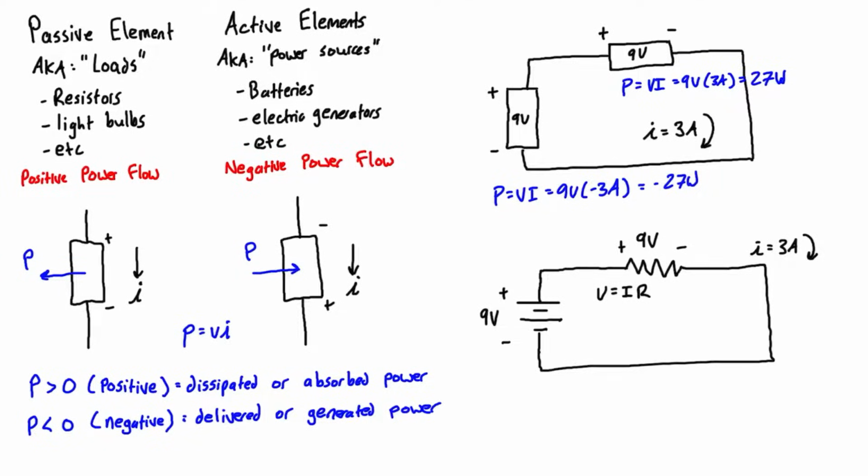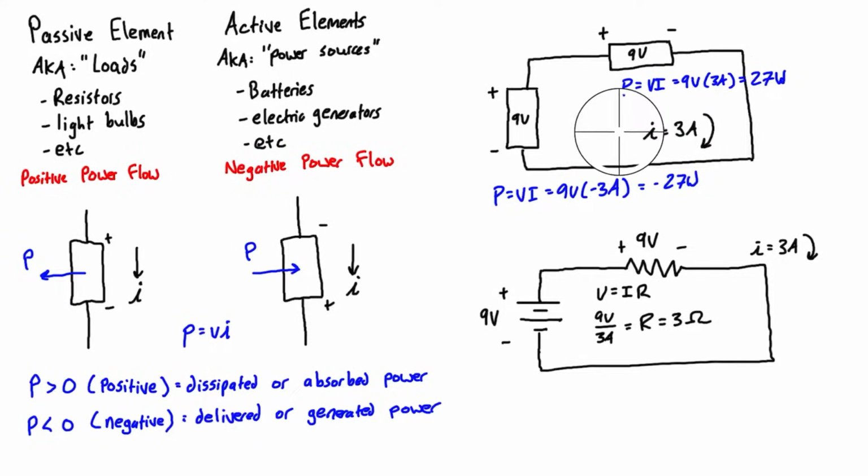And we can rearrange that so we have 9 volts over 3 amps, and that would just give us a resistance of 3 ohms. So these two circuits are equivalent. When you look at this one on the bottom, it's more obvious that the battery is the power source and the resistor is the load, but sometimes you might be given it in more generic terms, just to annoy you or just to check if you know what you're doing or paying attention. So just watch out for that.